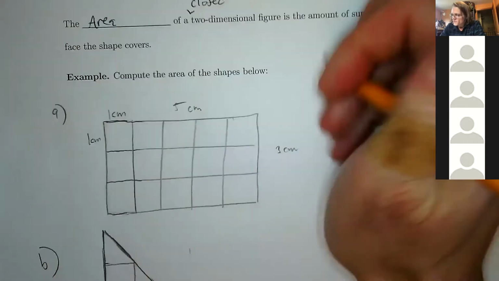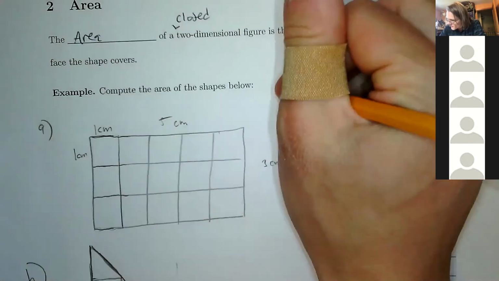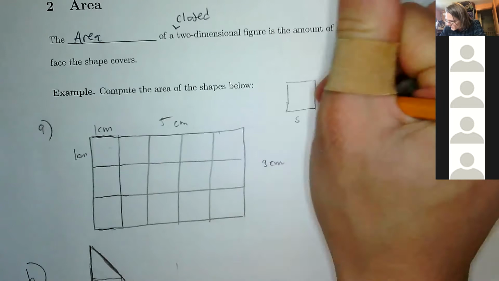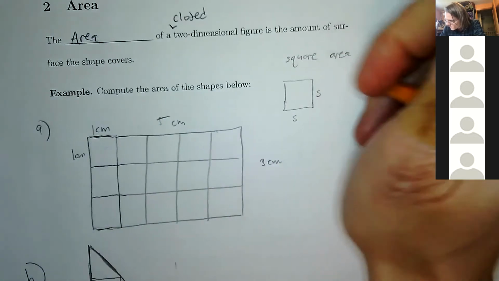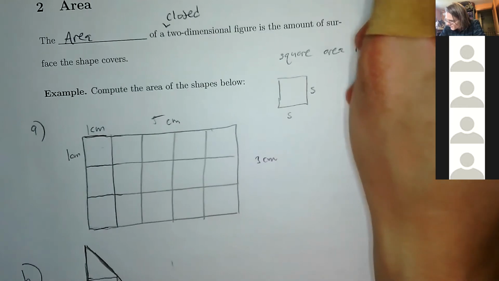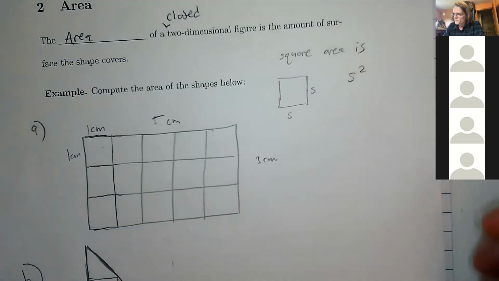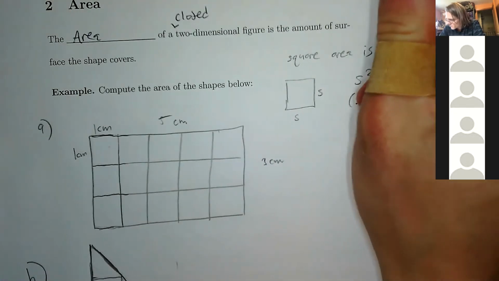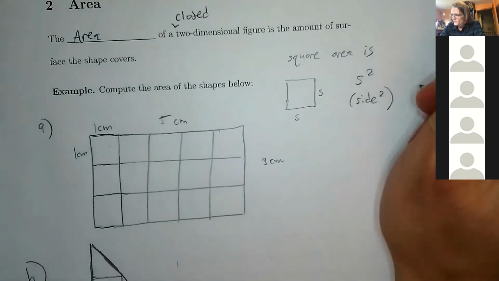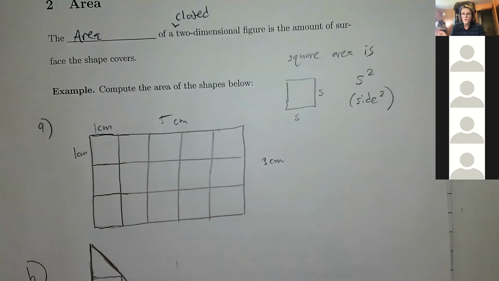And so the area of a square, maybe I'll just give you this on the side. An S by S square is going to be S squared. So you just square the side. All right. So for instance, if it's 1 by 1, then the area is 1 squared, which is 1.